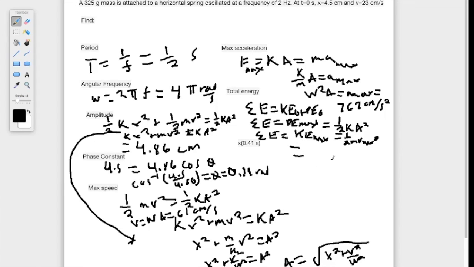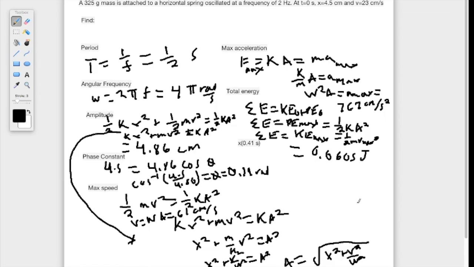Either way you do it, you should get an answer of about 0.0605 joules. And remember that joules is measured in Newton times meters. So make sure to convert all of the grams and centimeters into kilograms and meters.